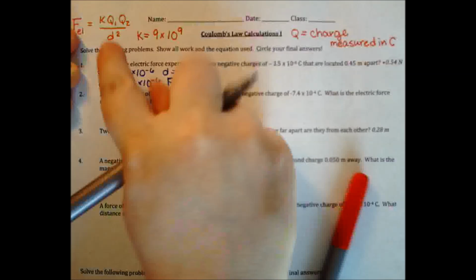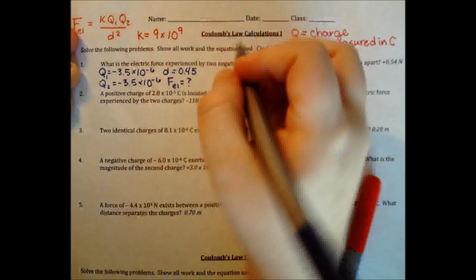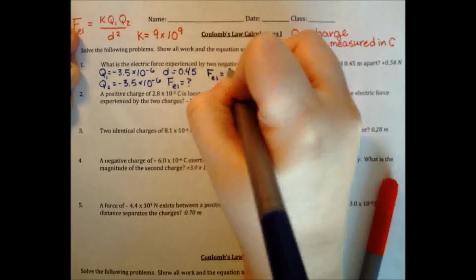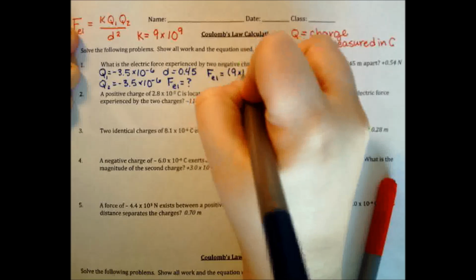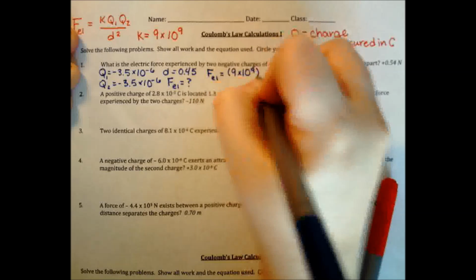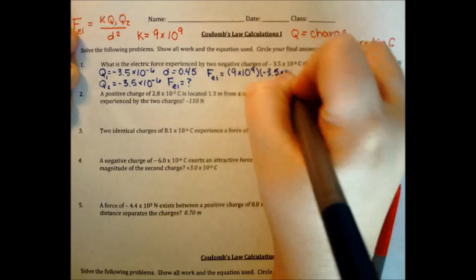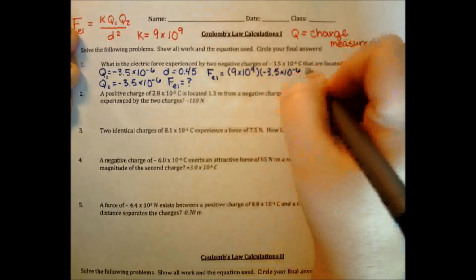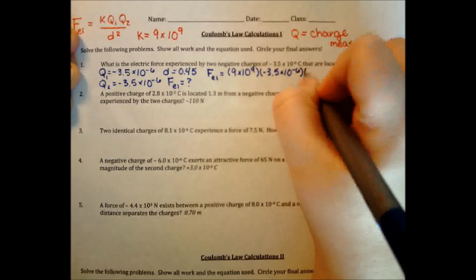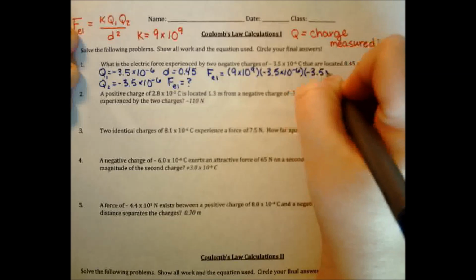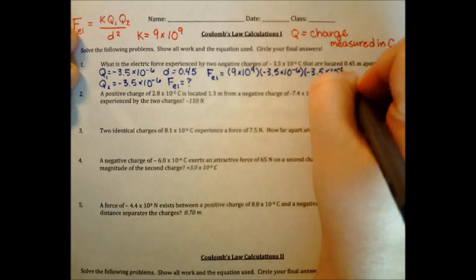So we just have to plug things in to Coulomb's law. F_EL is going to be equal to 9 times 10 to the 9 times negative 3.5 times 10 to the negative 6 times negative 3.5 times 10 to the negative 6.